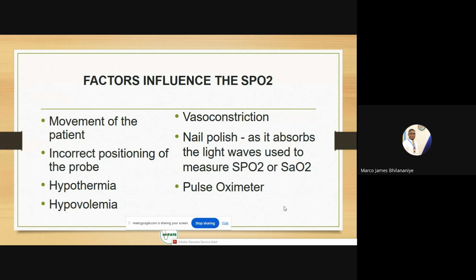So wherever you find the oxygen saturation of the patient is down, you have to think about troubleshooting what might be the problem. And if you find the problem with the patient himself, you have to take it seriously. But first of all, we have to assess the patient and then go to troubleshoot the machine and the probe itself. Next slide.